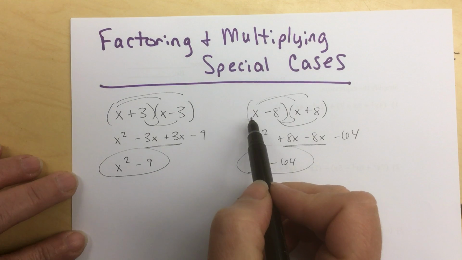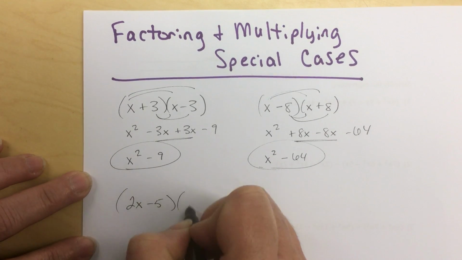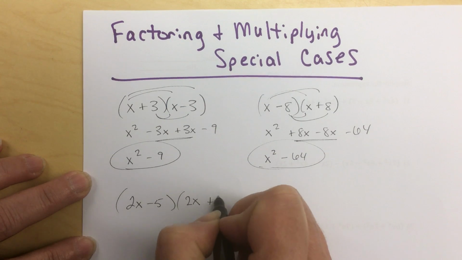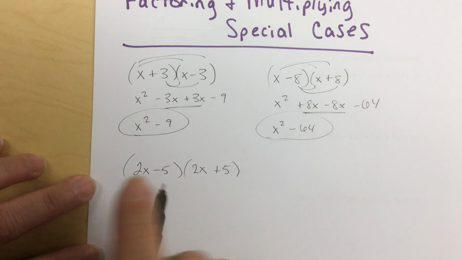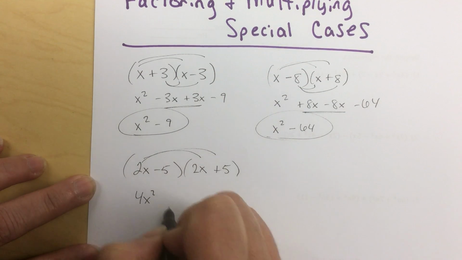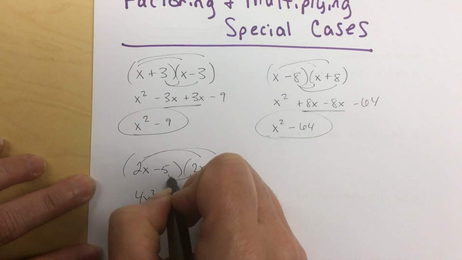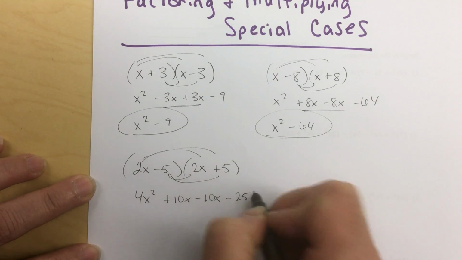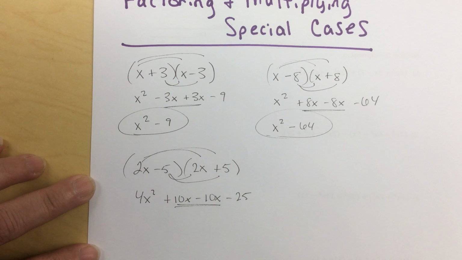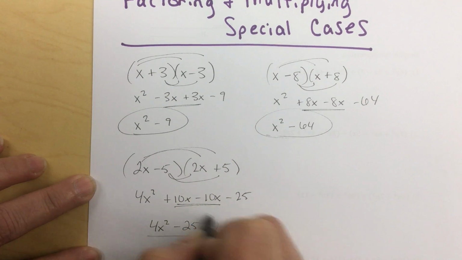Well, what if I have a number in front of the x, like 2x minus 5 and 2x plus 5? In that case, I'm going to have 4x squared, and then plus 10x, and then minus 10x, and then minus 25. So again, my middle two terms cancel out, and I have 4x squared minus 25.